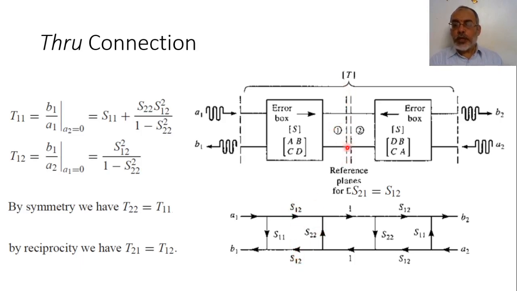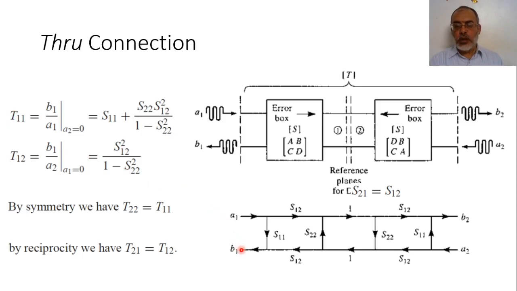The through connection itself is simply a line with amplitude 1. Now, by measuring the reflection and the transmission coefficient at this condition, the S11 in this case, for the through, we are going to call T11.